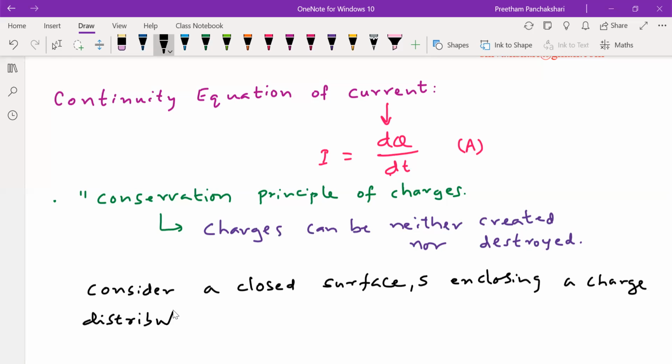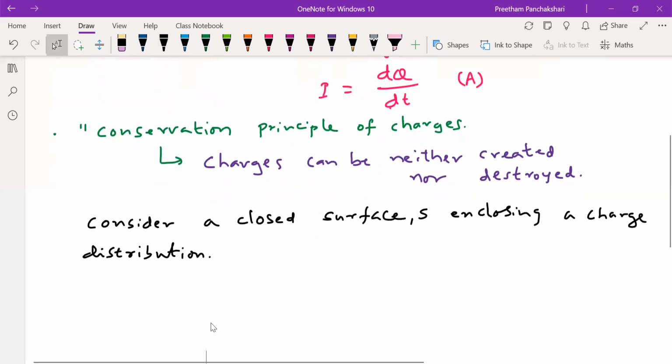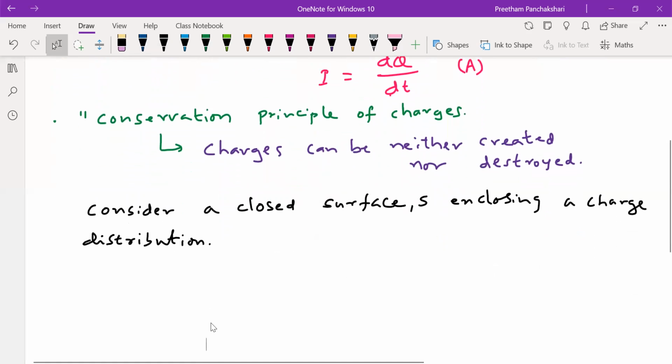So this charge distribution may be a volume charge distribution or whatever it is. Just for the sake of explanation, let us assume volume charge distribution of density rho v coulomb per meter cube.